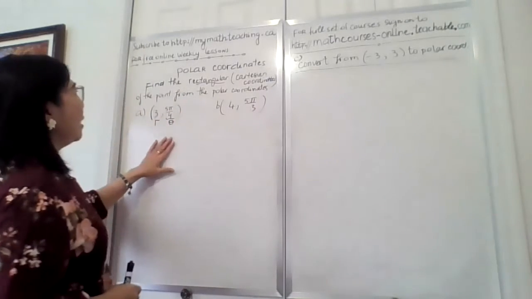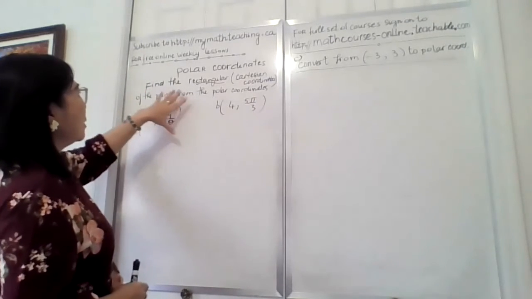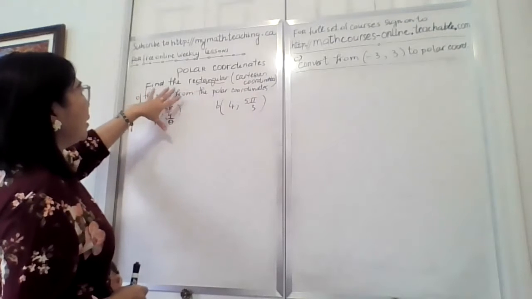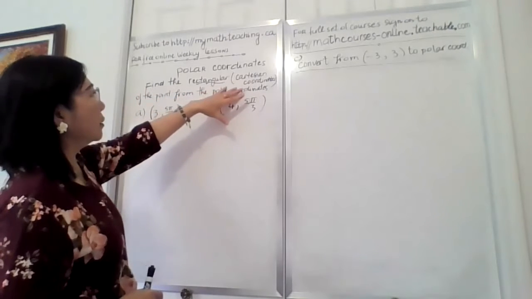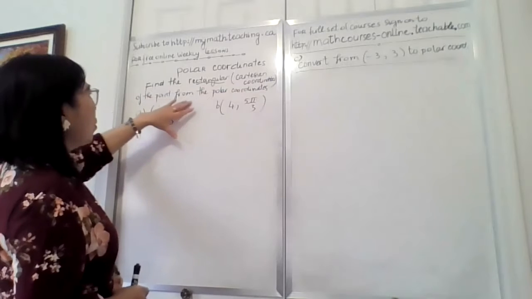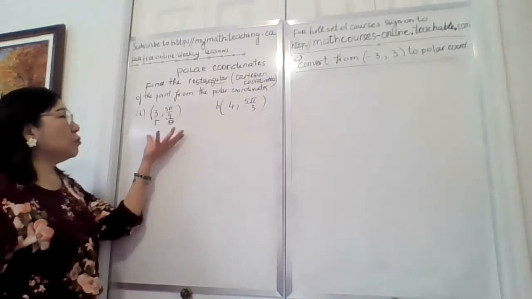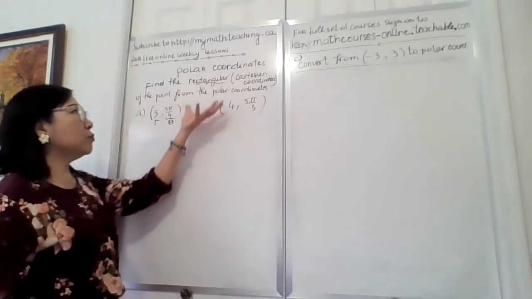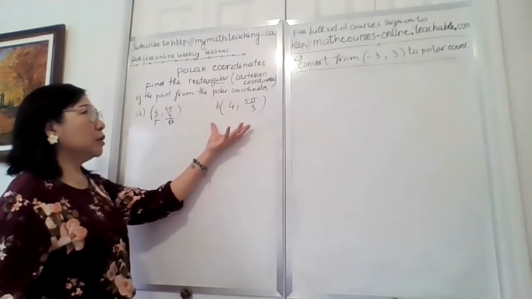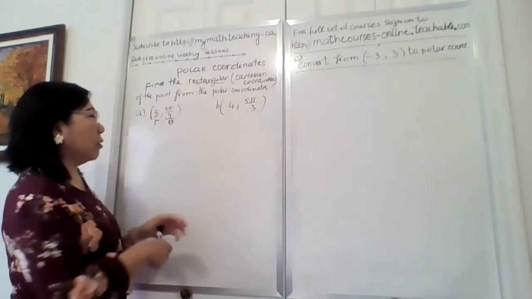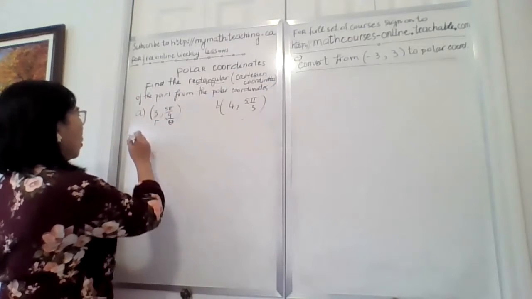The question I wrote here says: find the rectangular or Cartesian coordinates of the point from the polar coordinates. So given the polar form, we ask you to convert it to the normal, regular form. So what is the polar form?